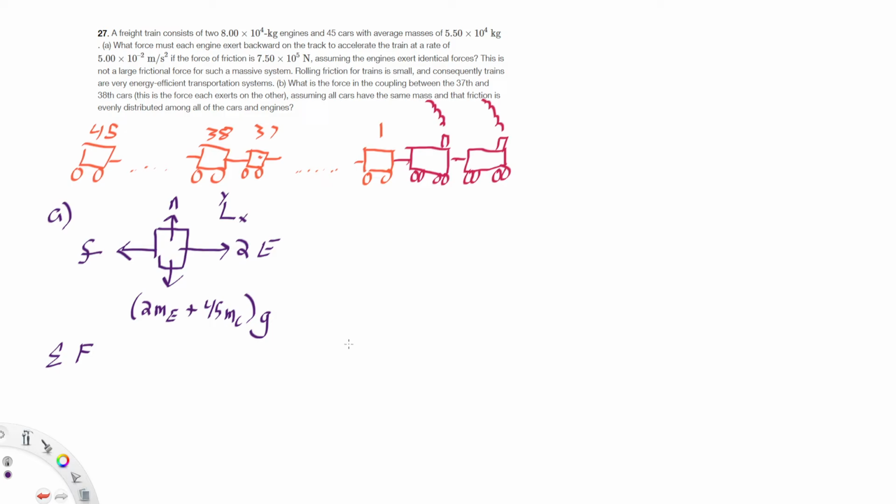What they said is the force that the engine exerts on the track. Newton's third law says that the force of the engines on the track has to be equal and opposite to the force of the tracks on the engine, and it's the force of the tracks on the engine that's actually moving the train forward. So if the engines are pushing on the track backwards, that means the track is pushing on the train forward.